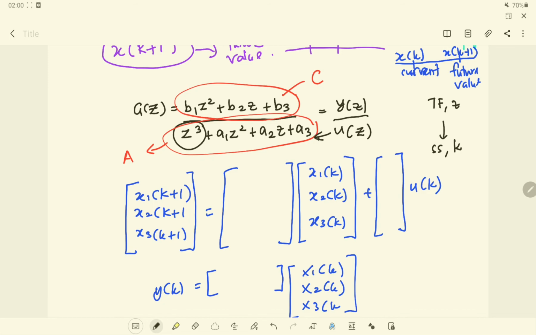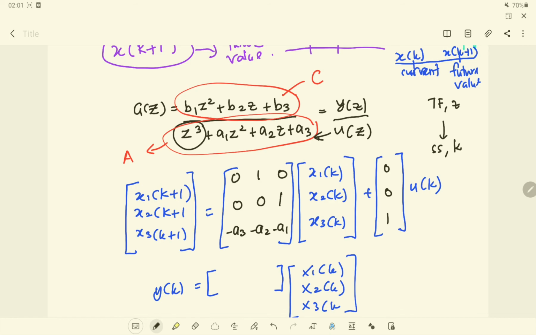So this is the A matrix: negative a3, negative a2, negative a1, and then the other rows are the same, 0, 1, 0, 0, 0, 1. For B it is 0, 0, 1.